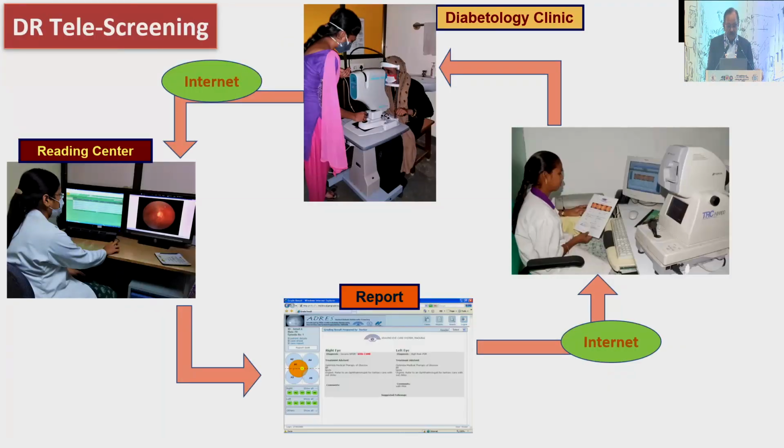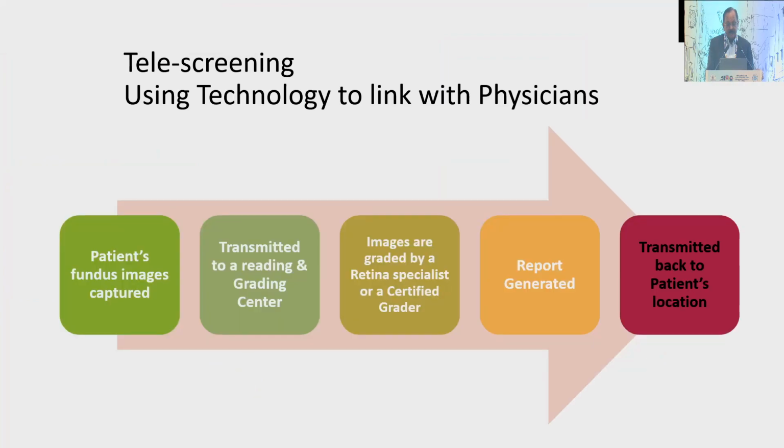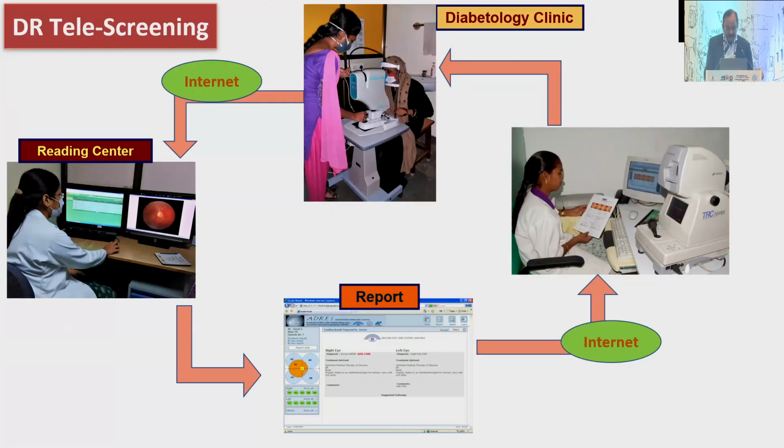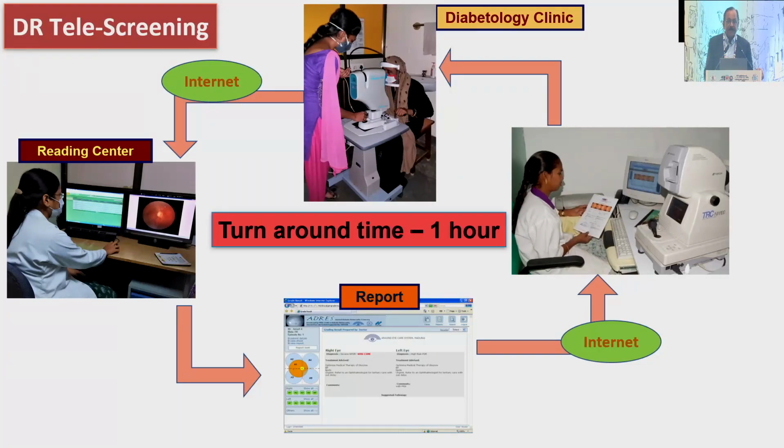We've been doing telescreening for the last 20 years, where the diabetologist clinic technicians are trained to use the fundus camera. They take the pictures and send them to the reading center in our hospital. A retina specialist or a trained grader looks at these images, creates a report and sends it. Only those who have any retinopathy are referred to the ophthalmologist, while the others are asked to come for a yearly checkup.